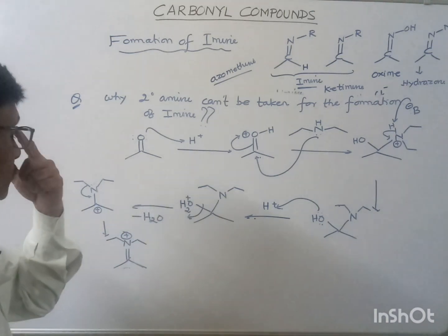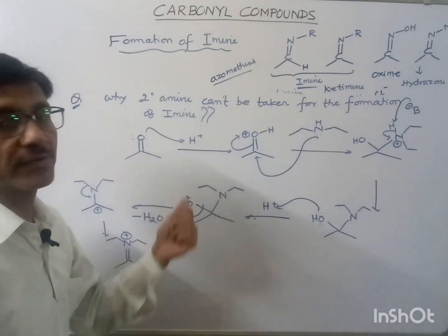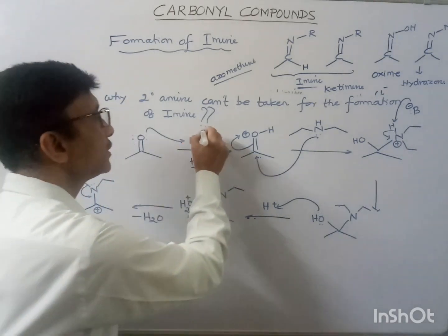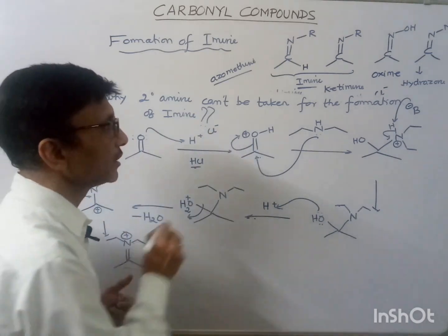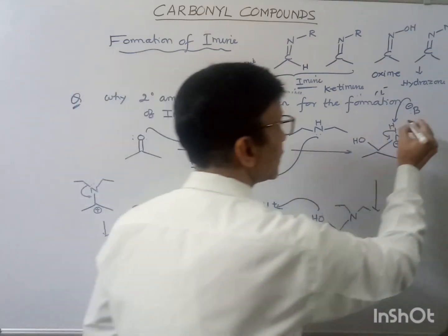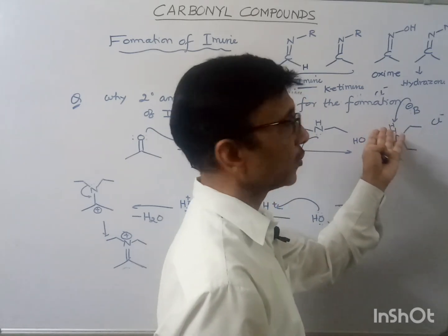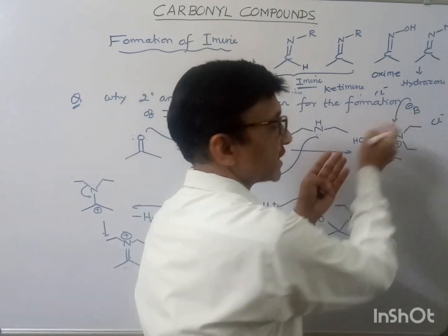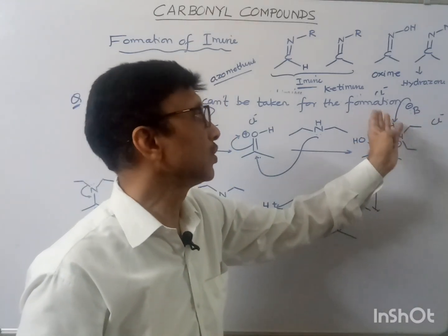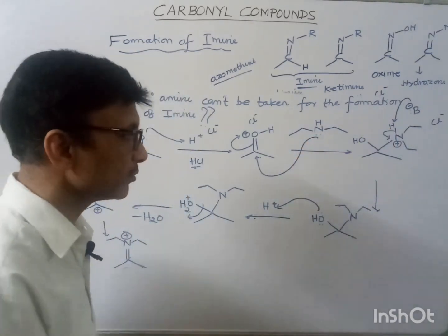Now suppose this acid is HCl, so in the reaction mixture we have a Cl minus ion. I may write a counter ion Cl minus over here. Either Cl minus, as a conjugate base, can take this H, or otherwise this amine as a base can take this H. Both are possible.